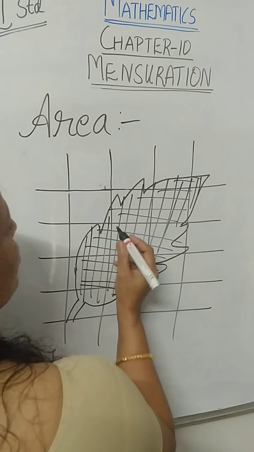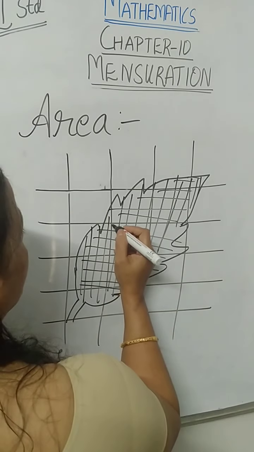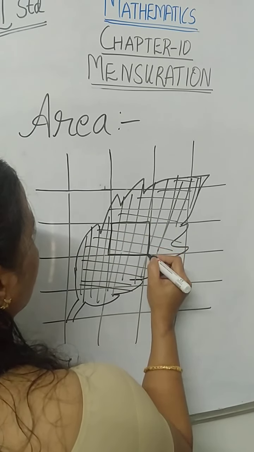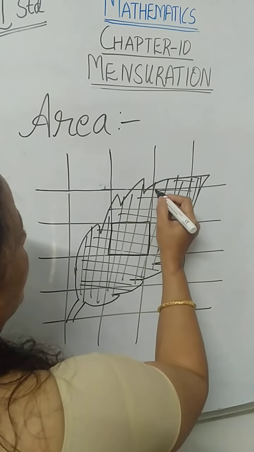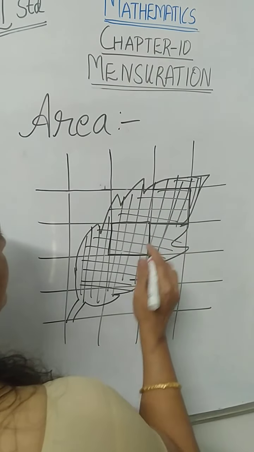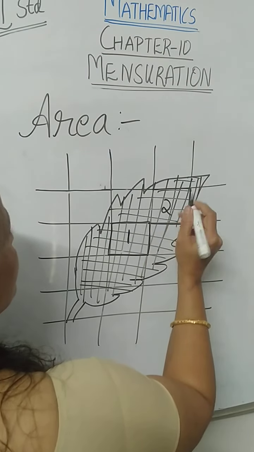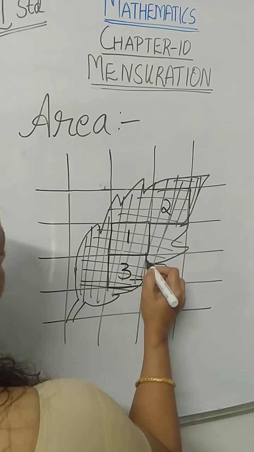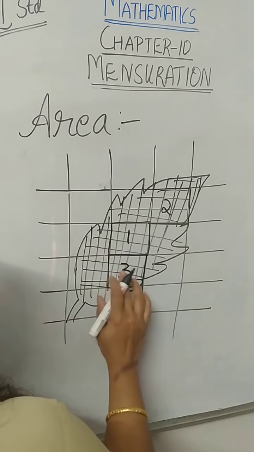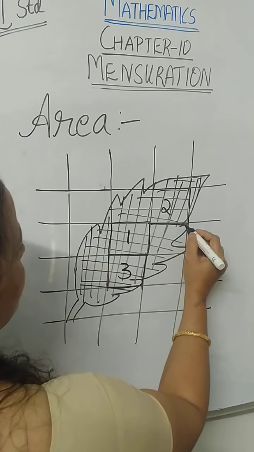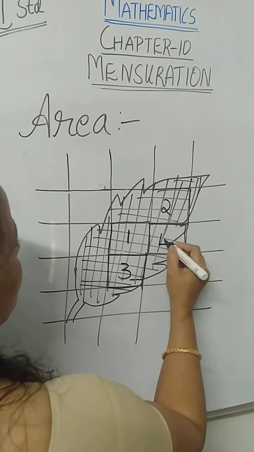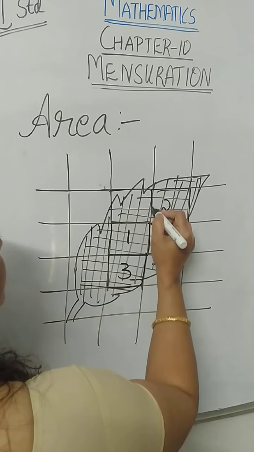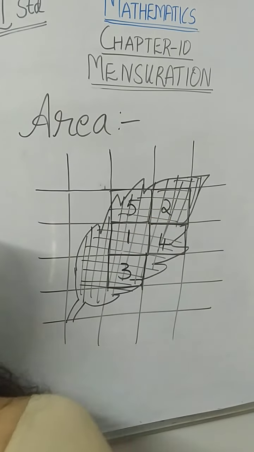Now look at this. How many squares has it covered? See the leaf, how many full squares it has covered. It has covered one full square here, and here one full square. So one square here, two squares here, another square it has covered here also. Then here also it has almost covered, so here also we can take it as 4 squares. Here also almost covered, so we can take it as 5 squares.